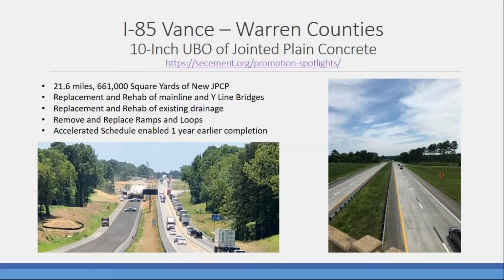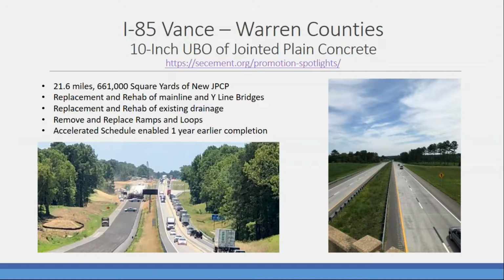One of the cool things about this job that I wanted to highlight is that after the project was bid, they wanted to accelerate the schedule. As you can see here, the traffic was put in a one side head-to-head direction, and they didn't want to have that scenario any longer than needed. Take a look at the photo on your left and see the percentage of truck traffic.